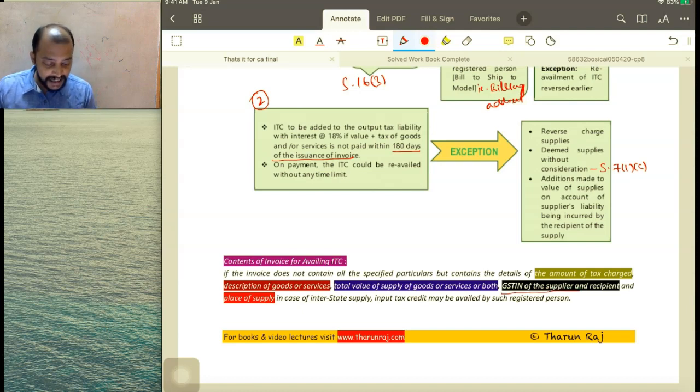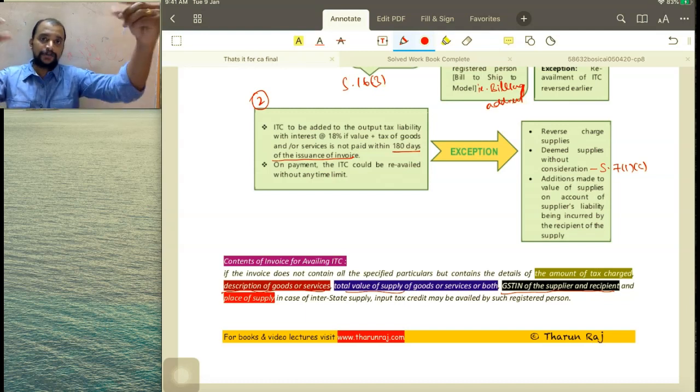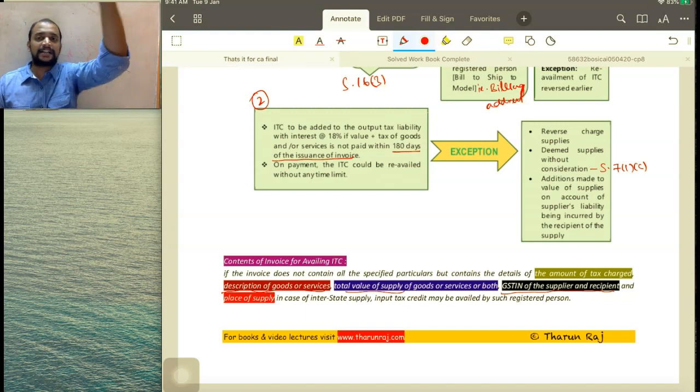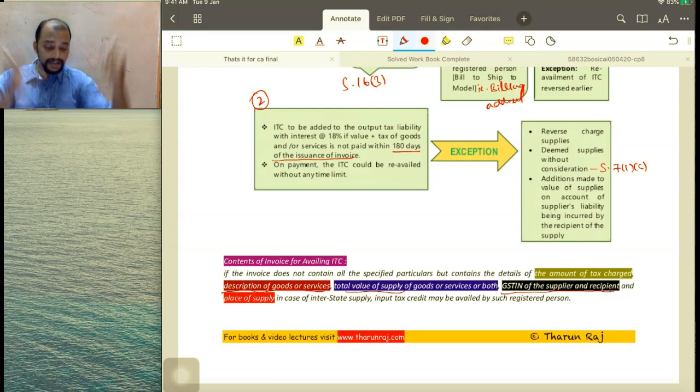Thereafter, it should have description and value. Then tax. What is the amount of tax that is charged? If it is an interstate supply, then the place of supply should also be there.